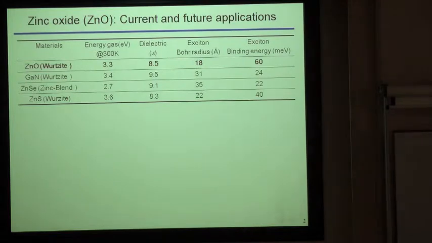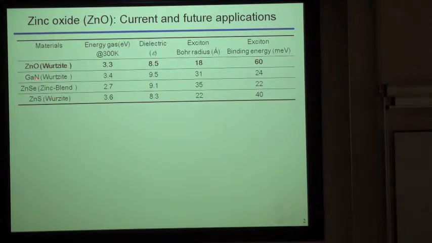Okay. So our group is mainly focusing on oxide semiconductors. Here I show you the table of the physical properties of various kinds of wide gap semiconductors. As you can see, zinc oxide has unique characters compared with other kinds of materials.